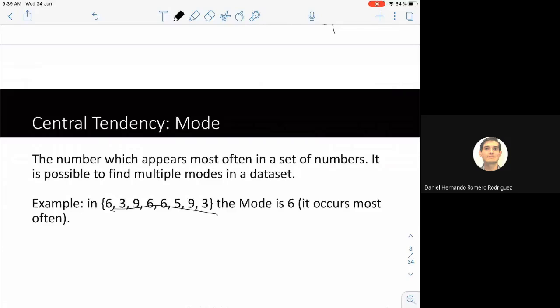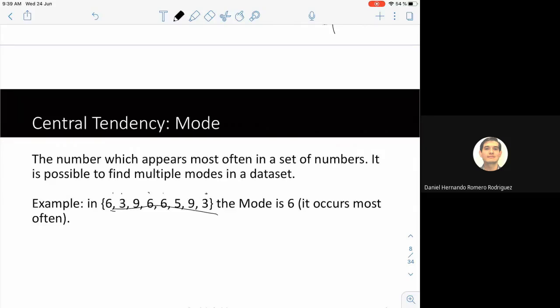For example, the number 6, we have it 3 times, right? 1, 2, 3. The value of 3, we have two 3s, that's a frequency equal to 2. 9s, we have two 9s, and 5 only once. So the value with the highest frequency is 6, because its frequency is equal to 3.